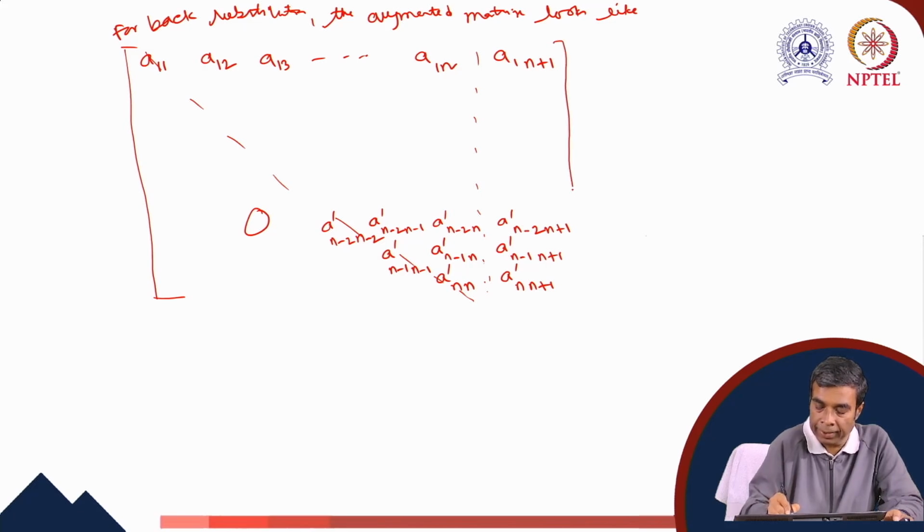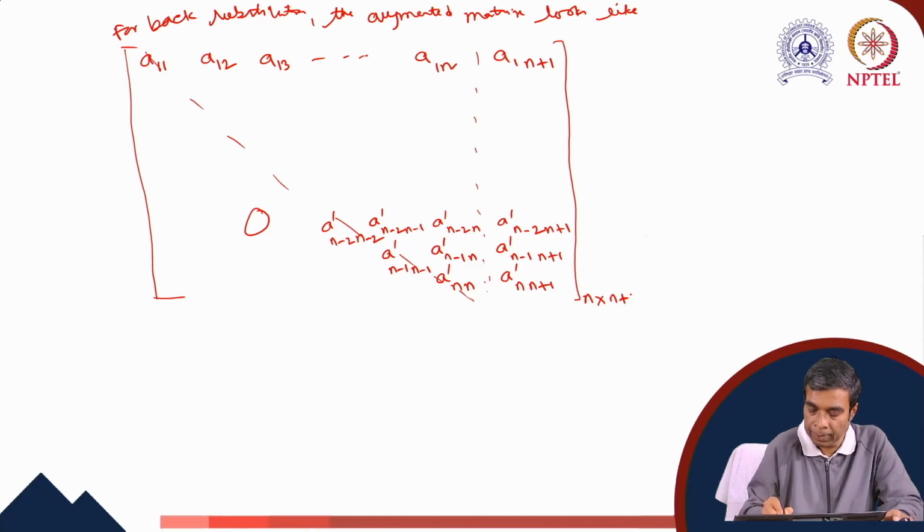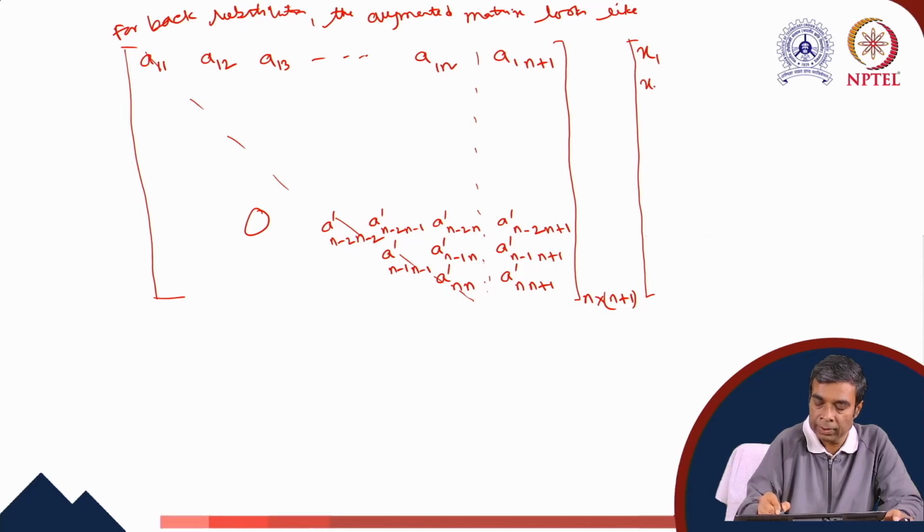We complete the matrix here. So this is n rows, n plus 1 columns. Then our degrees of freedom are x1, x2, x n minus 2, x n minus 1, then xn.